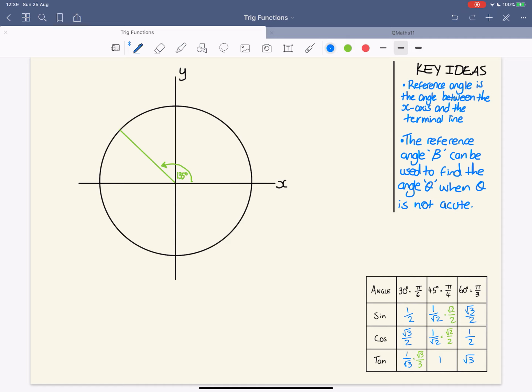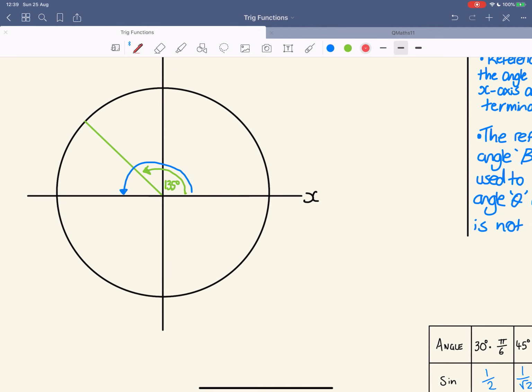If we're in the second quadrant here, if our angle is in the second quadrant, it's a matter of doing this. 180 degrees, right? And we take away the reference angle. If we start off with going to 180 and subtracting our reference angle, we will get to the angle that we're interested in.